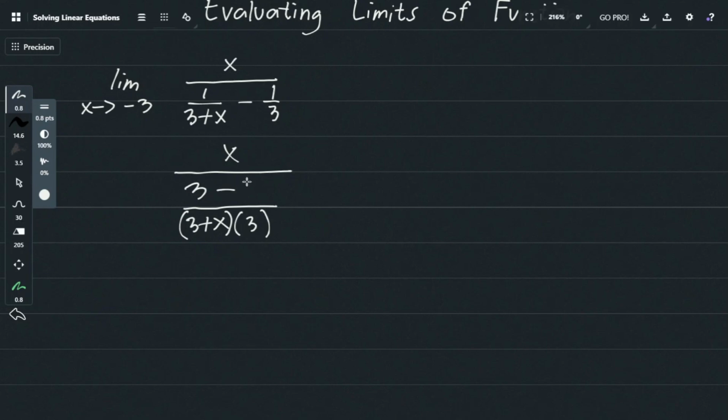Minus, I should put parentheses here. So 3 plus x multiplied by 3, divided by 3, is just equal to 3 plus x. So we just cancel the 3 out. So 3 plus x multiplied by 1 is just equal to 3 plus x. Okay.